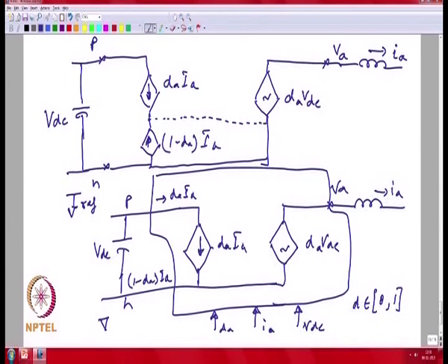So you can ask a question now in this average model, can we take this particular inverter to be an amplifier gain? If you consider this particular amplifier as having a very stiff DC voltage, you can see that the relationship between your duty cycle input and your output voltage V_A is essentially just d_A VDC.